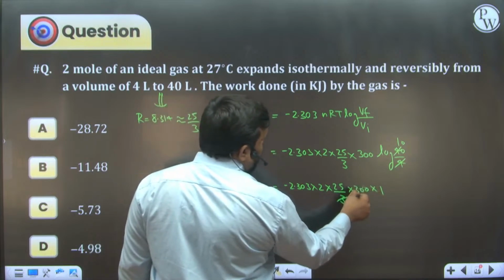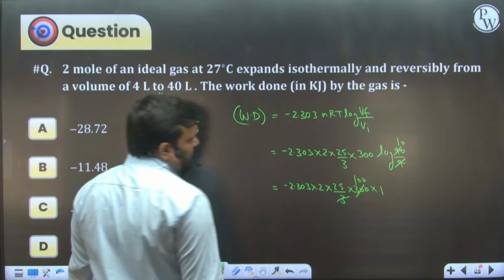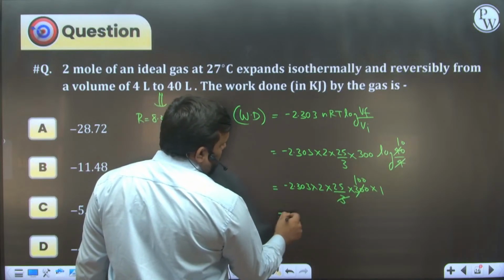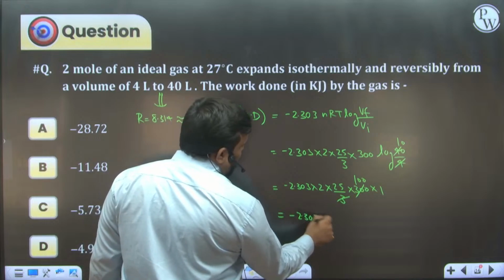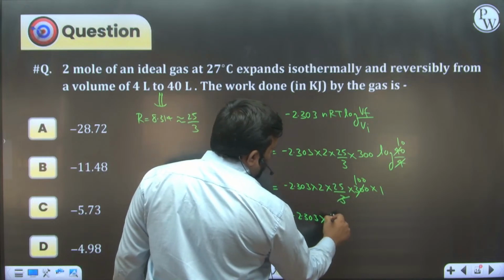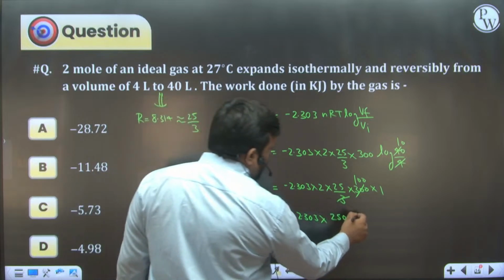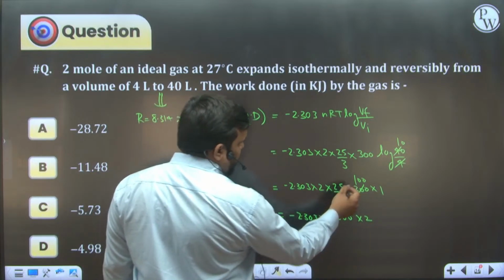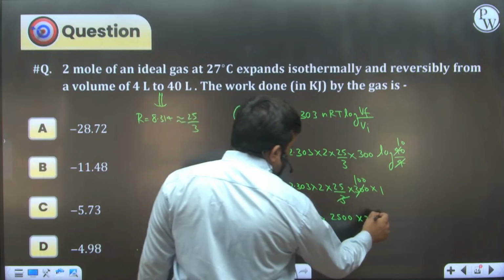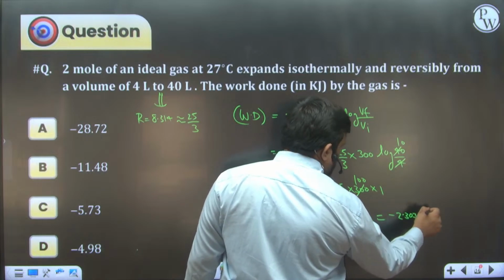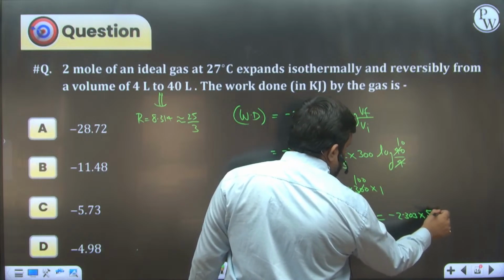So this is, 300 times will be 100. So we are having minus 2.303 into 2500 into 2. 2500 into 2, so how much we are getting? Minus 2.303 into 5000.